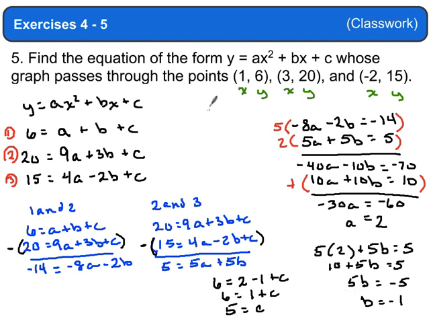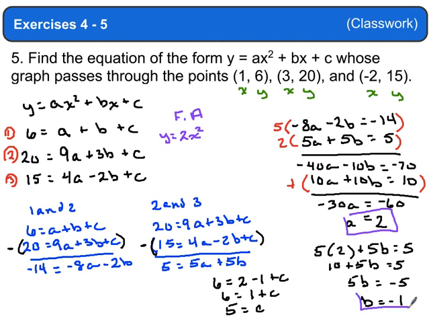So final answer, remember the final answer here was to write an equation that would work. So that final equation is going to say y equals, we now know the a. The a we said was 2. So we're going to have 2x squared.